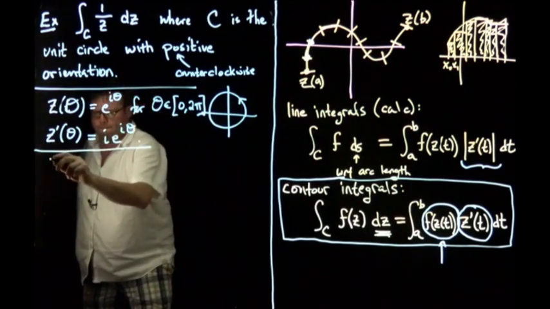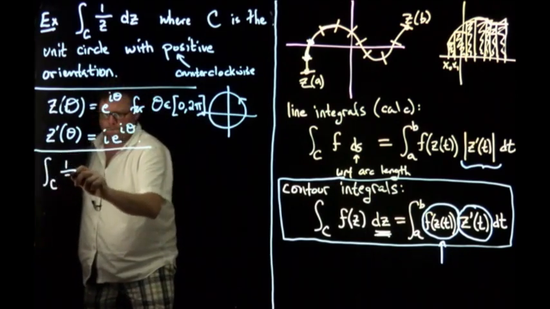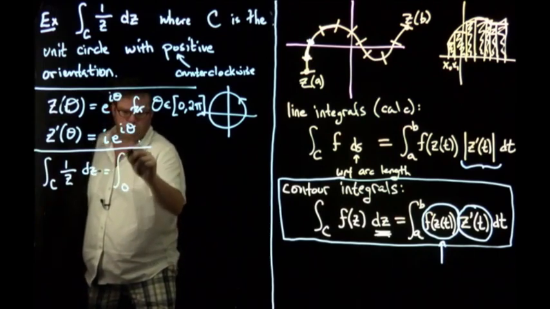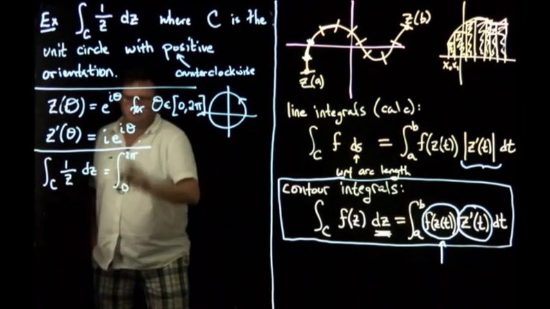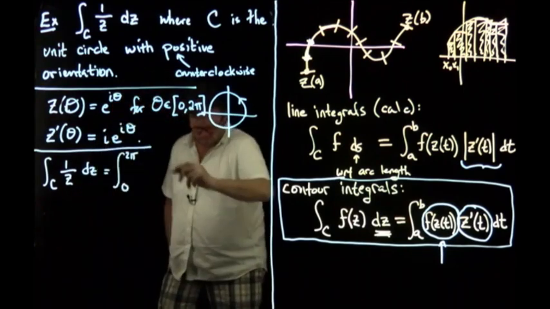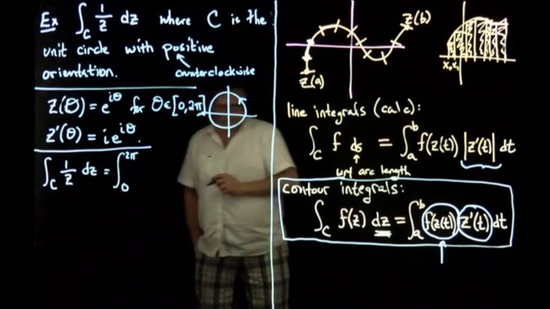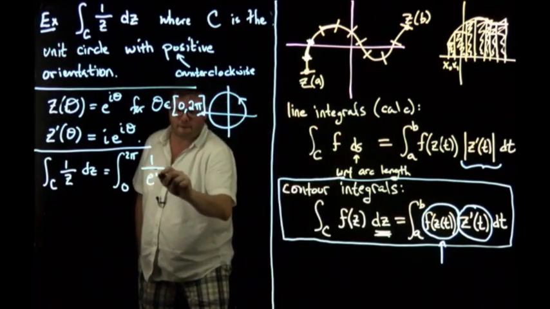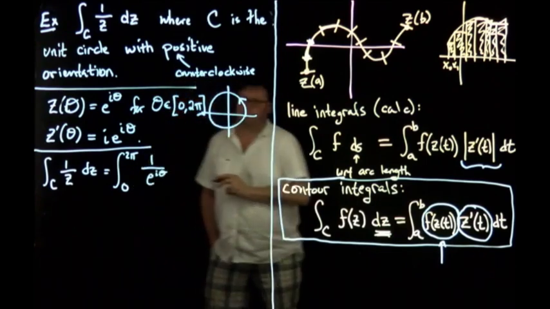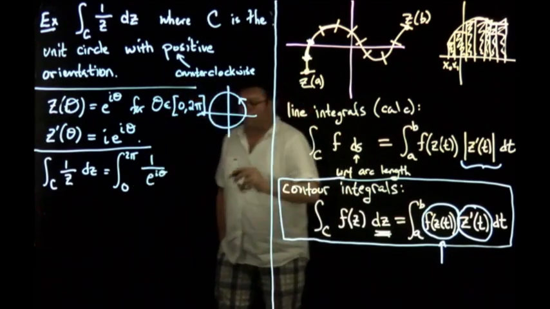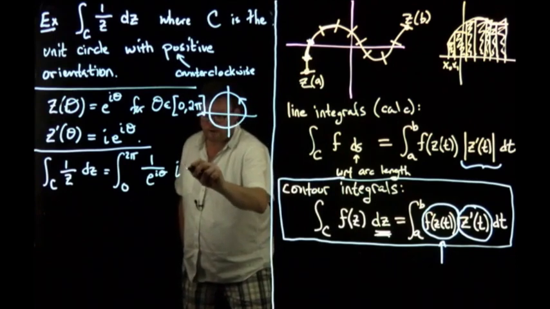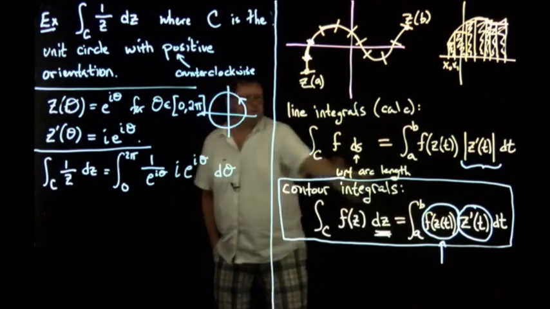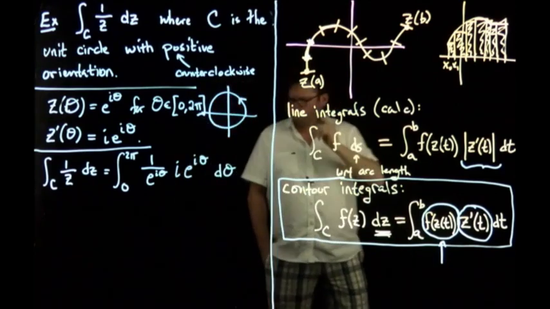So our integral is the integral from 0 to 2 pi. Okay, 1 over z, well, z is e to the I theta. So that is 1 over e to the I theta times the derivative of z. Well, the derivative is I e to the I theta, and then we integrate with respect to our parameter theta.